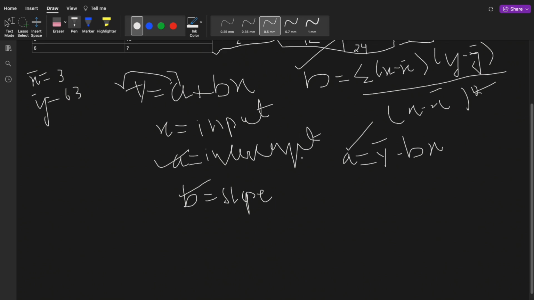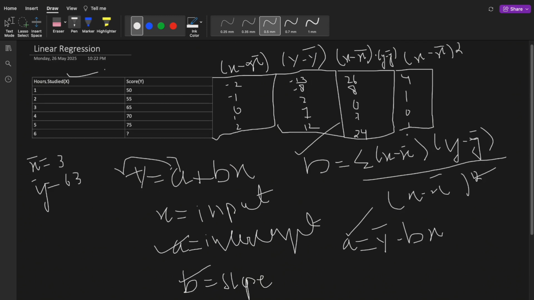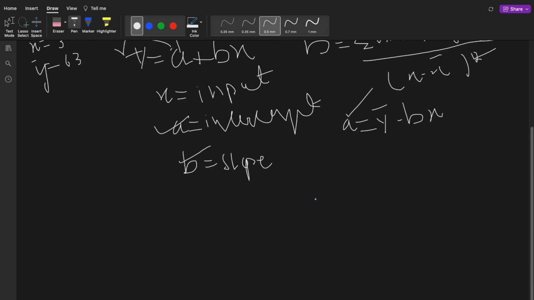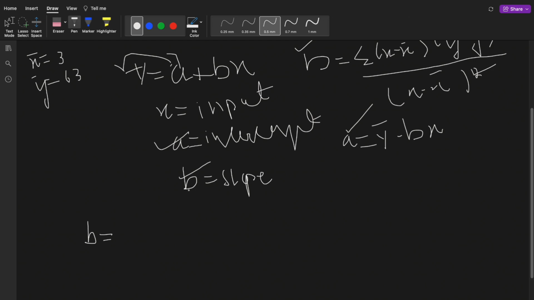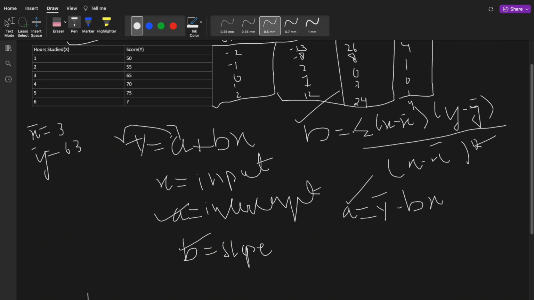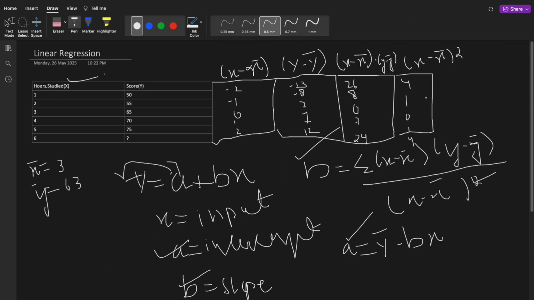And also, if you take the square root of 2, that will be 4. And the next will be the 4. Now calculate the b-intercept. So just put the values. So we got our value 26 plus 8, and then 0 plus 24.